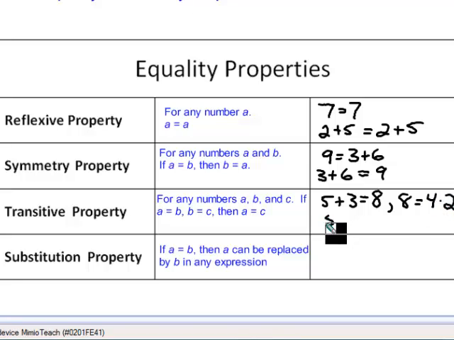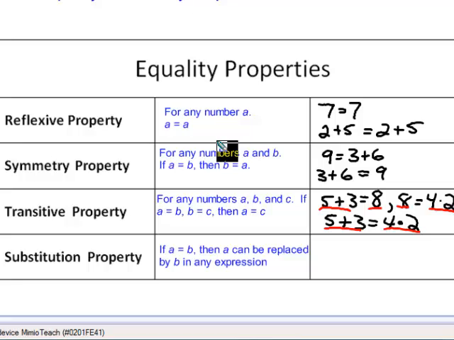Then 5 plus 3 equals 4 times 2. So here's my A part. If A equals B and B equals C, then A equals C. Transitive property.